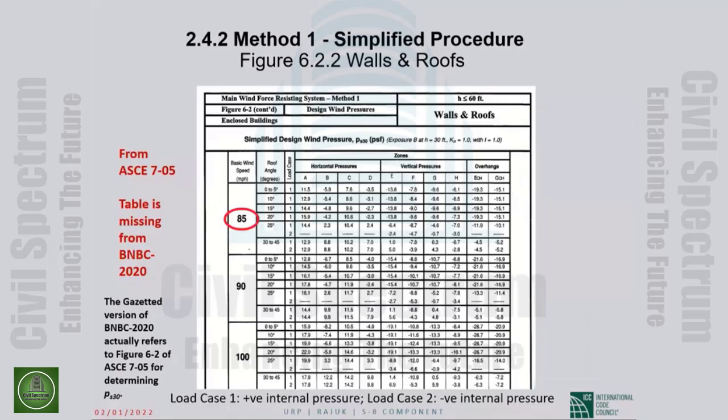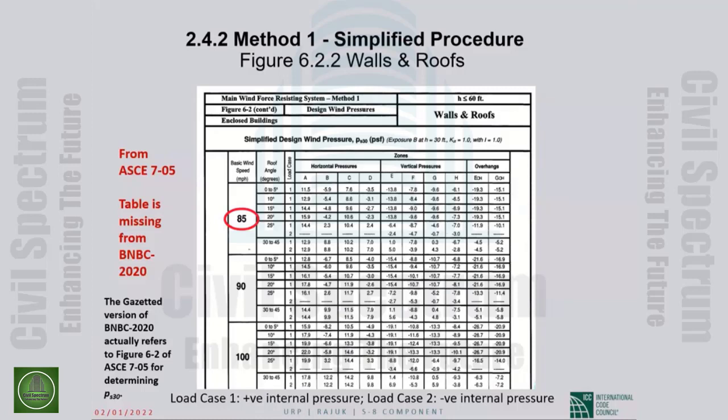Now this crucial table is missing from BNBC 2020. It is just not there. I think somebody found that out, or it was pointed out. Then in the gazetted version, BNBC 2020 actually refers you to figure 6-2 of AC 705 for determining PS30. So the gazetted version tells you to go to AC 705, figure 6-2, which is what you are looking at for your PS30.